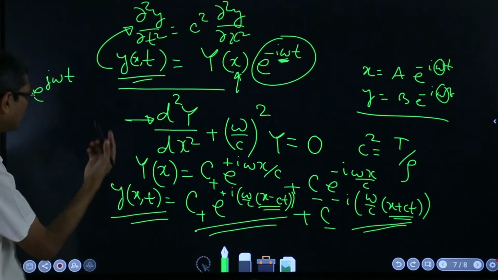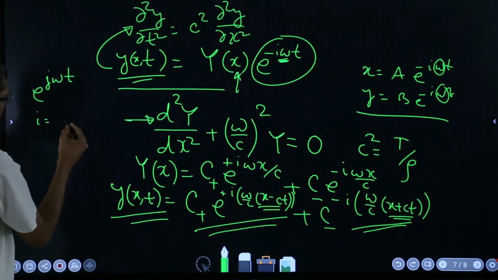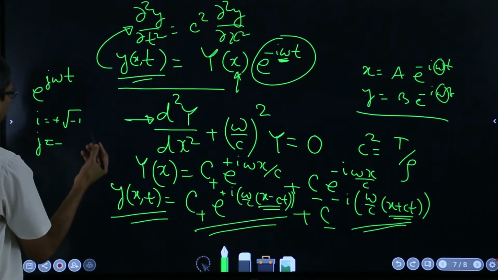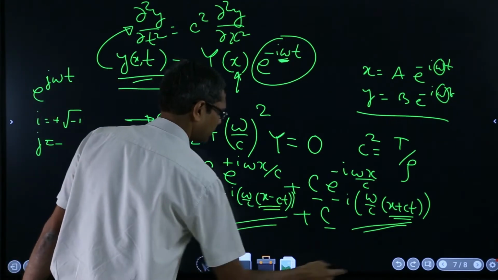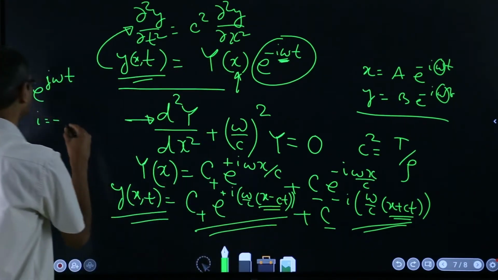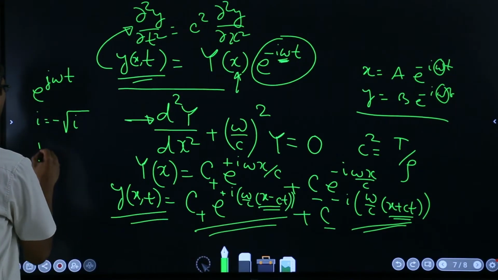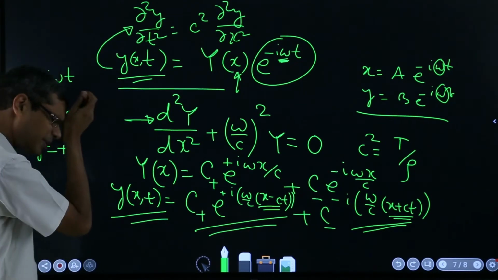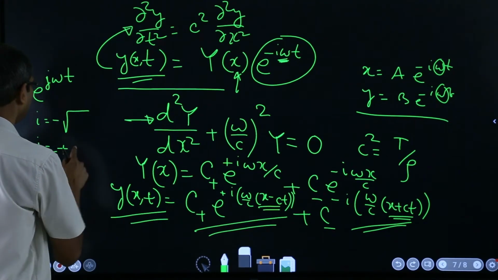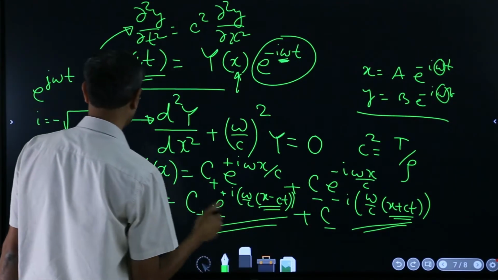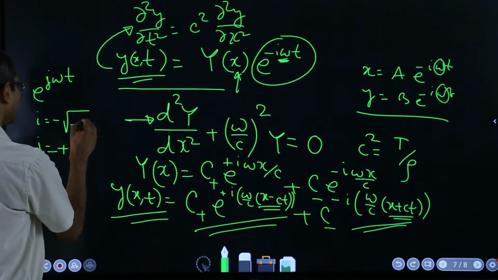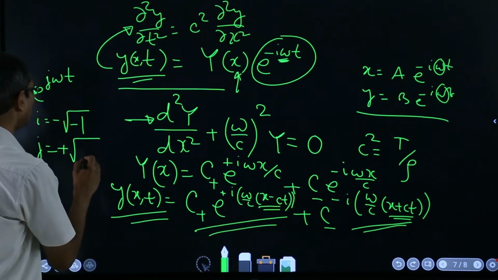I could have written j omega t, because i is the square root of minus 1 and j is the opposite, minus i.